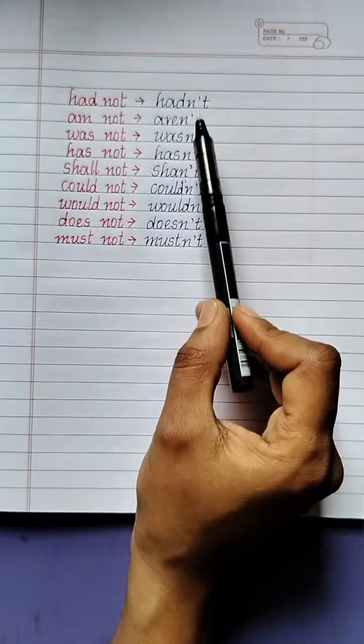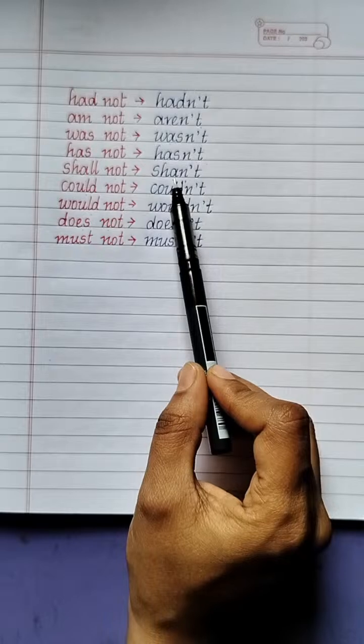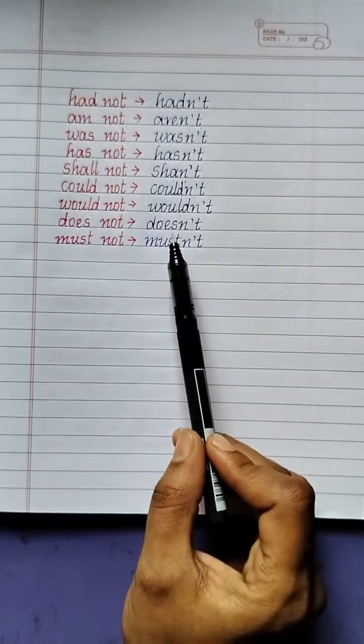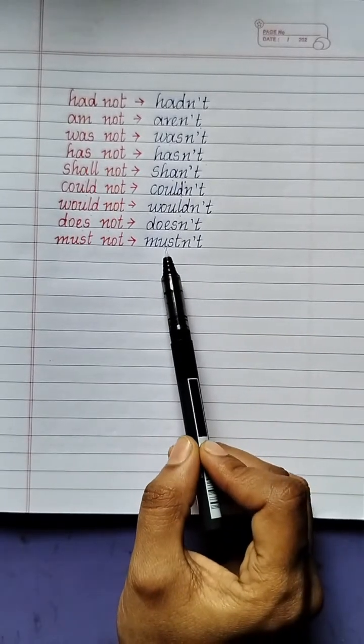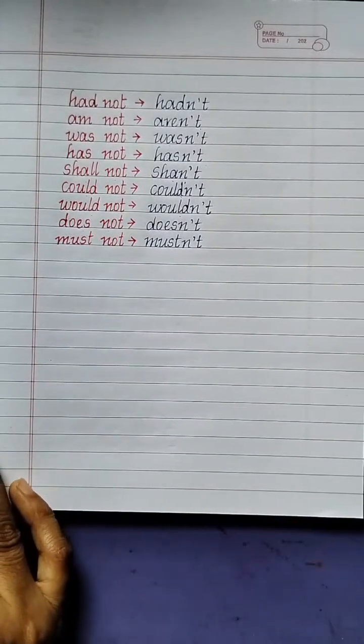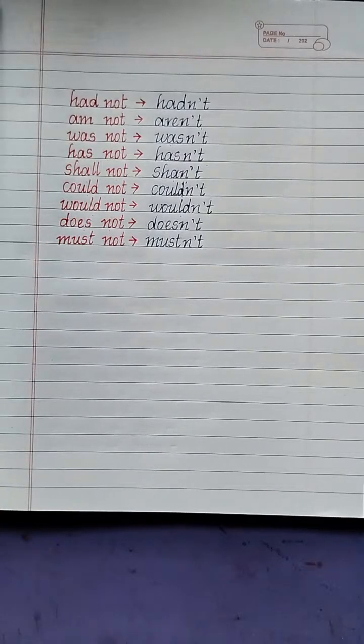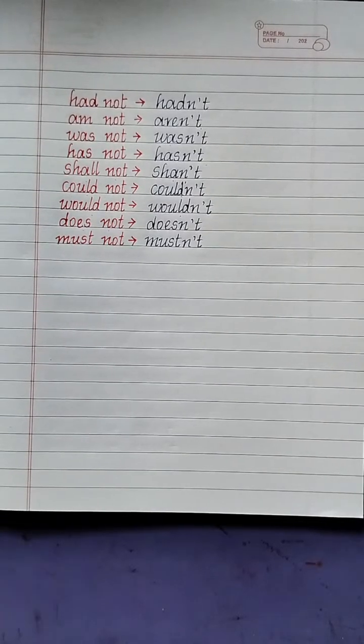Similarly, hadn't, aren't, wasn't, hasn't, shan't, couldn't, wouldn't, doesn't, mustn't. These are the short forms of the negative forms. So very simple rules are there for the question tag. Let's start with some examples. Let me clear you with some examples.